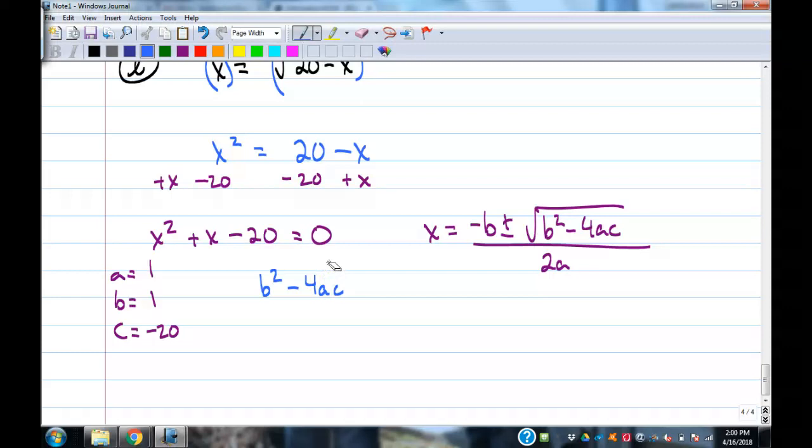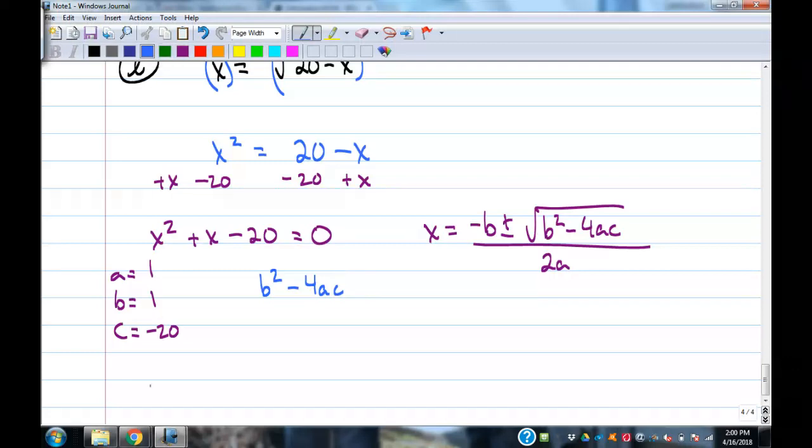Because if b squared minus 4ac is negative, what do we know about our problem? It has how many solutions? If the discriminant is negative, we don't have any answers. There's no real solution to that. If it's positive, we're going to have 2 answers. If it's 0, we'll have 1 answer. All things that we went over in chapter 10.